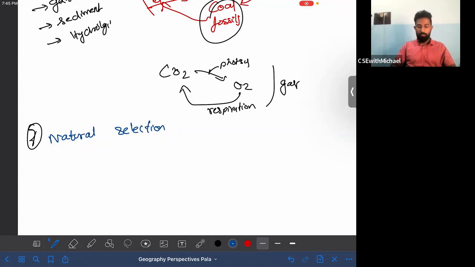Darwin postulated the principle of evolution of species in 1859.